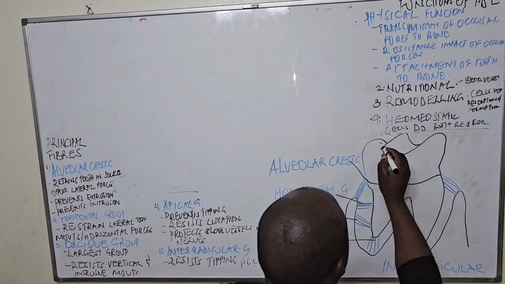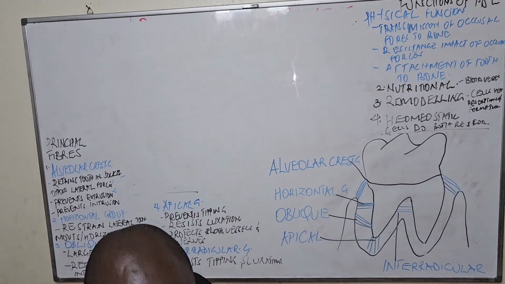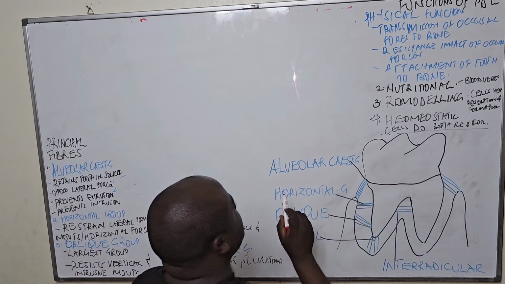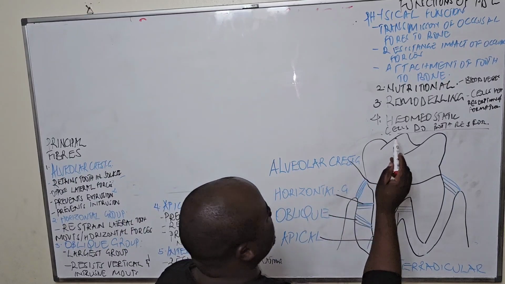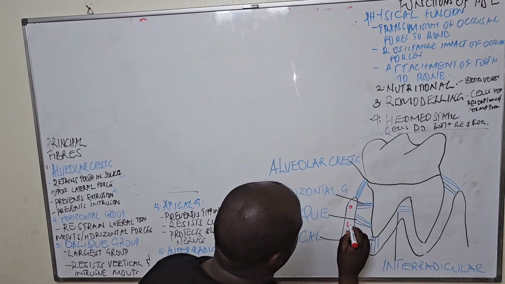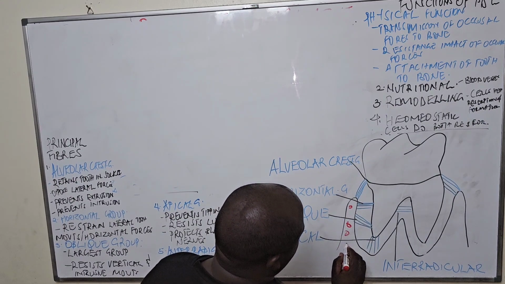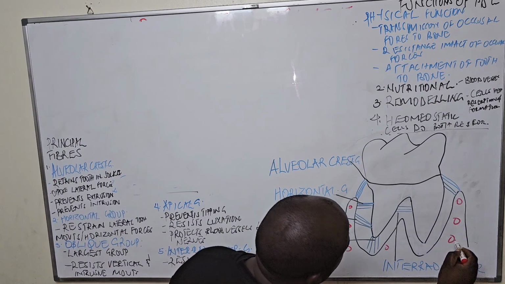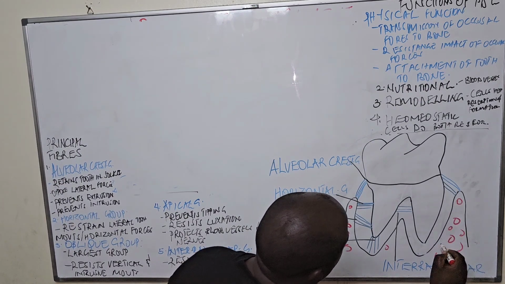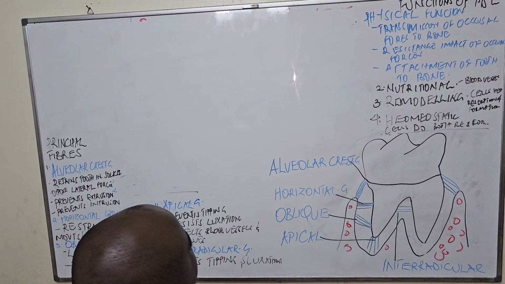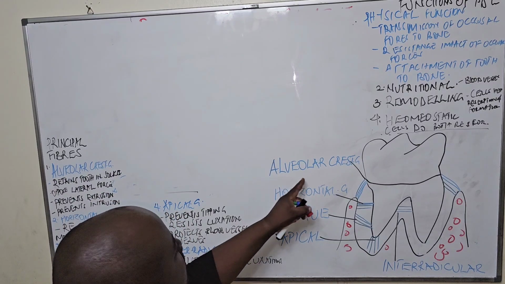We have this as our tooth. As our tooth, we have what we call crest fibers. Of course, this is our tooth held in the alveolar bone. This is the alveolar bone. We have what we call the alveolar crest.